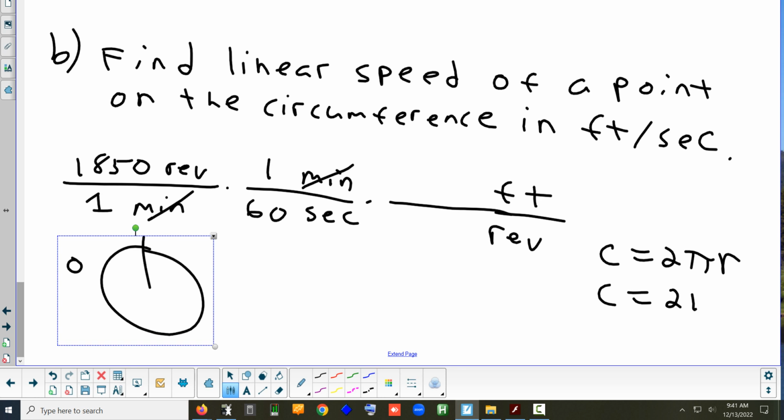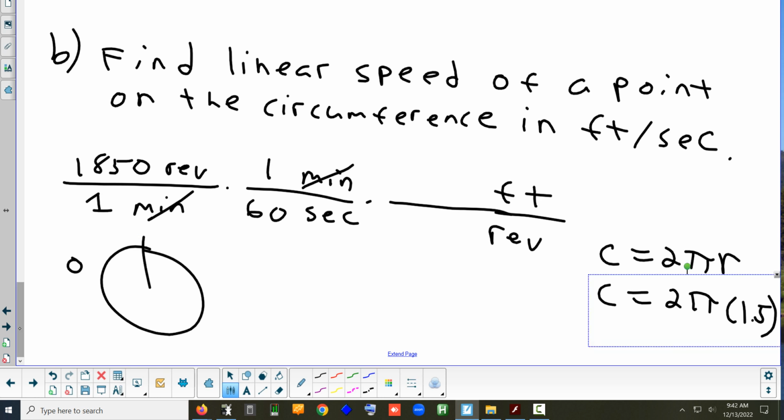So the circumference in feet is 2 times pi times 1.5. Well, what's 2 times 1.5? Yeah, 3. Times pi is 3 pi. So there are that many feet in one circumference.